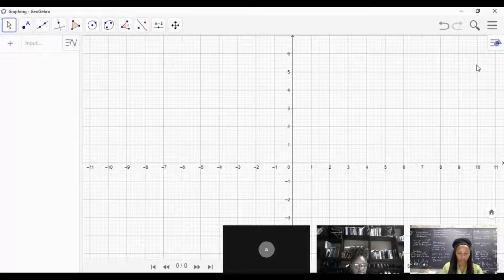Okay, so what I'm going to do, because I want to show you when it's accurate and the GeoGebra is accurate, it will plot the graphs accurately. I want to show you how the equations or the functions intersect and give you an accurate reading.